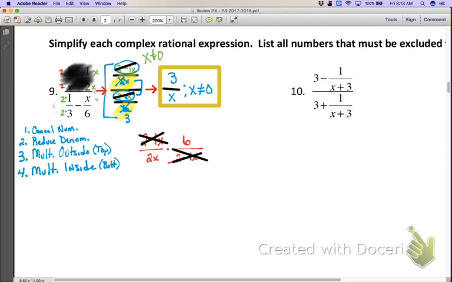I'm still going to cancel there. 2's gone. The 6 becomes a 3. And I'm still ending up with the same answer. So it's still going to give me 3 over x, and x cannot be 0. Okay, so it doesn't really matter which method I choose.